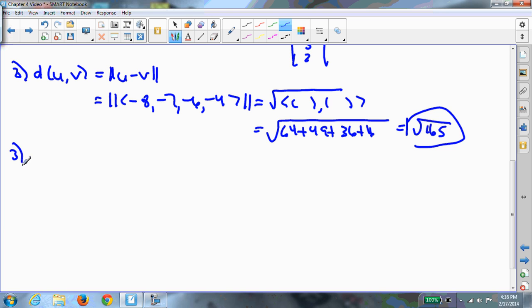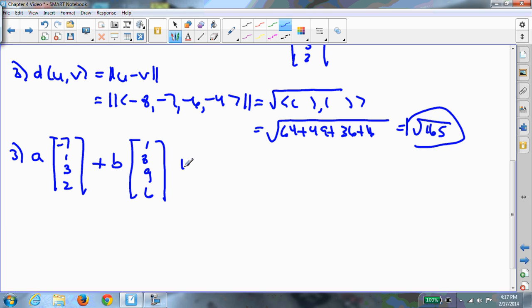So basically what that means is I want to find some scalar multiple times u, which is (-7, 1, 3, 2), plus some scalar multiple times v, which is (1, 8, 9, 6), plus some scalar times w, (2, 1, 8, 10). And I want that to equal (-29, -7, 29, 38).